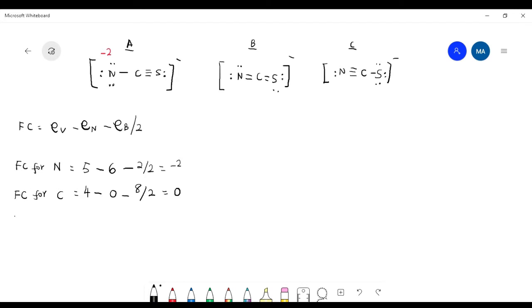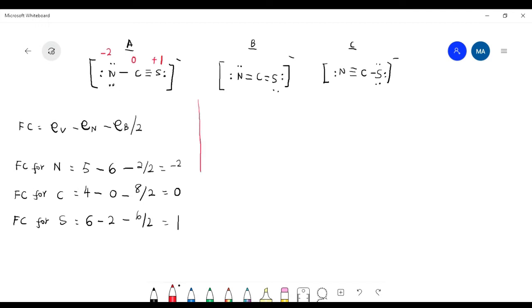Now we look at the FC for S. The valence electrons for S is 6, minus lone pair 2, minus the bonded 6 divided by 2. So it is 4 minus 3 equals 1. So this is 0 and this is plus 1.